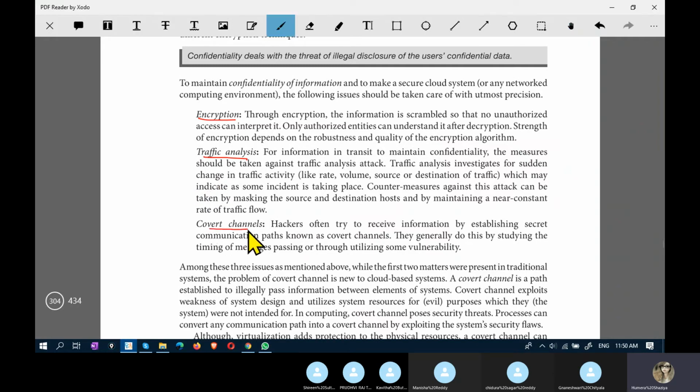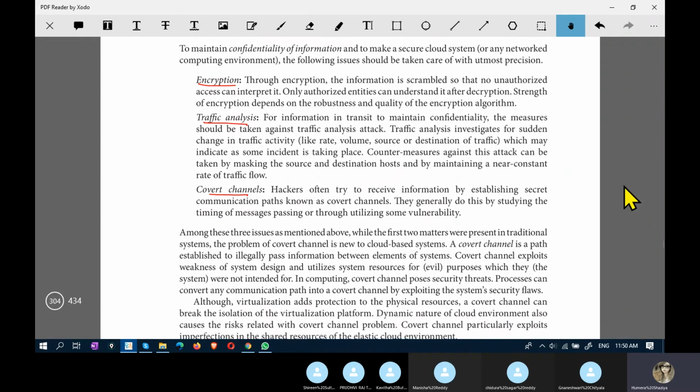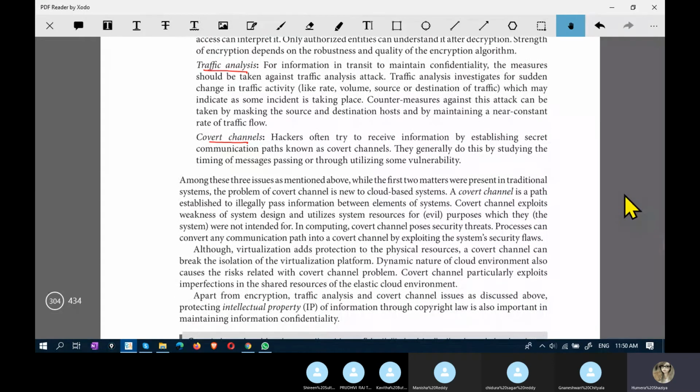And covert channels, this is specific to cloud, because a covert channel is a path that establishes illegal information passing between elements of a system, and it can exploit the weakness of the system design and utilize system resources for evil purposes.